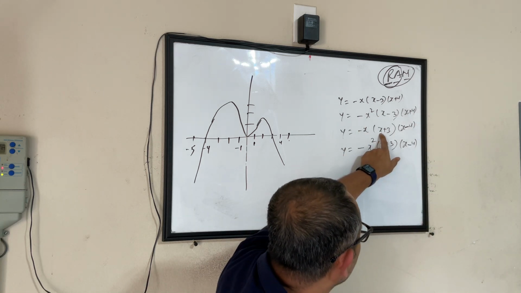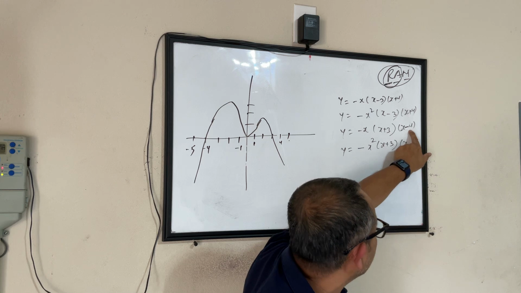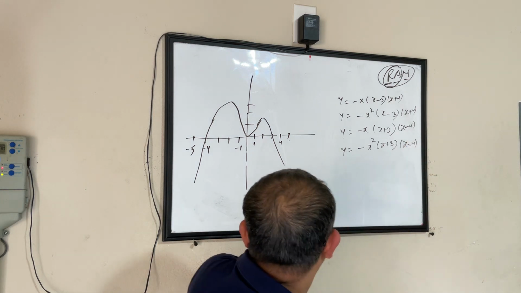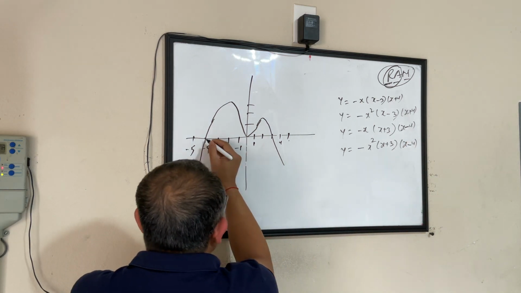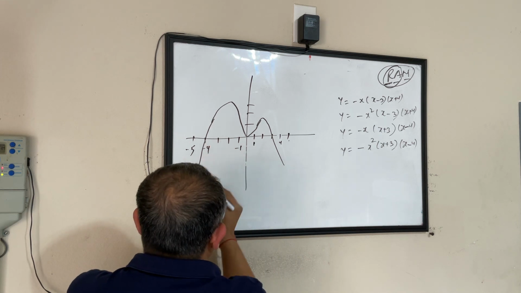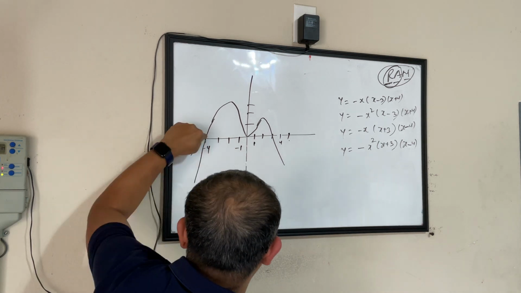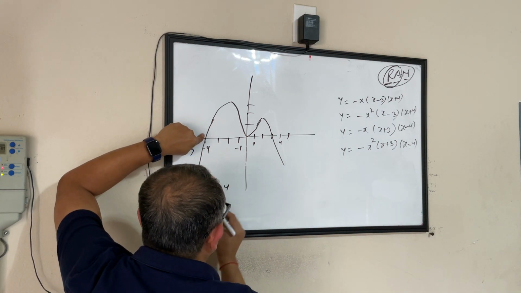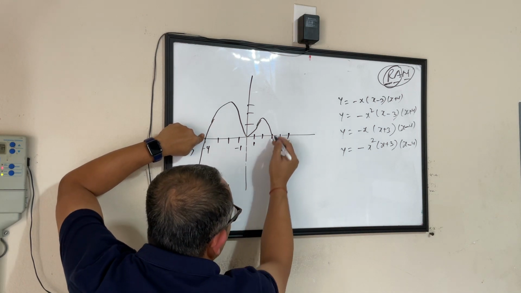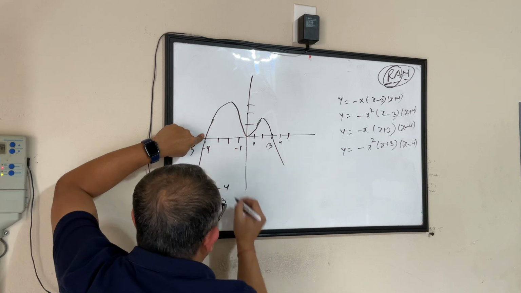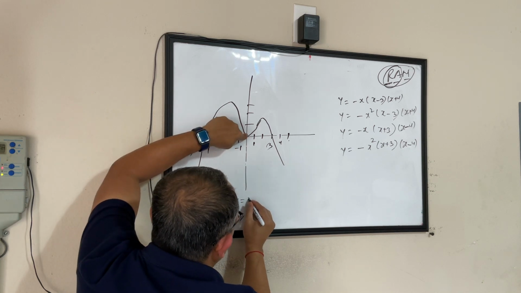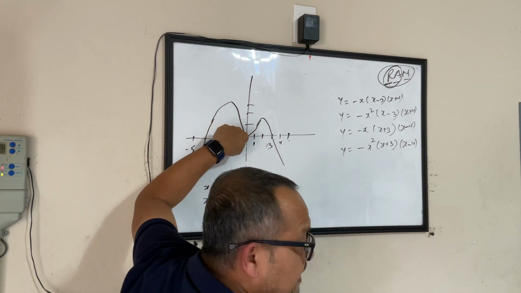Now, when you look at x plus 3 into x minus 4, when you just look at this graph, it is intersecting the x-axis at x equal to minus 4, x equal to 3 here, and x equal to 0 here. These are the 3 places where it's meeting the x-axis.